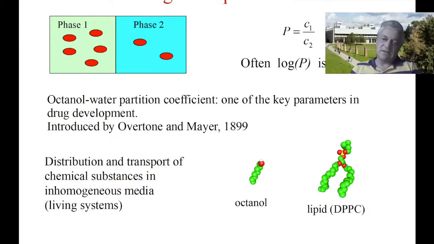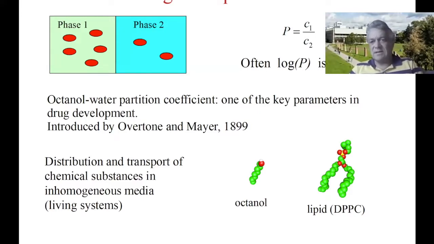This is because octanol can be considered as a small model of the lipids which build cell membranes. We have a polar group here and hydrophobic tails, and lipids are just larger. For a molecule, for example a drug, distributed in the organism, it needs to penetrate from cell to cell. It needs to go into the cell membrane and then go out if it needs to penetrate inside the cell.